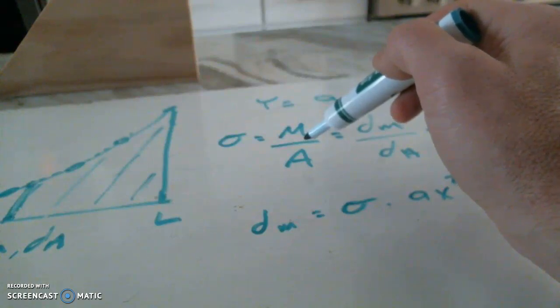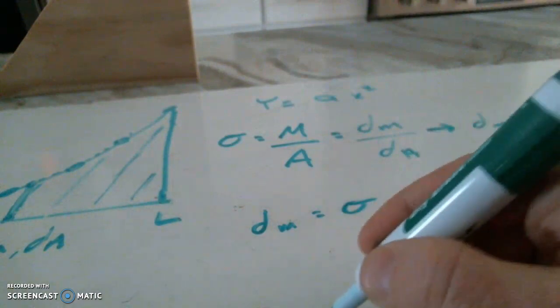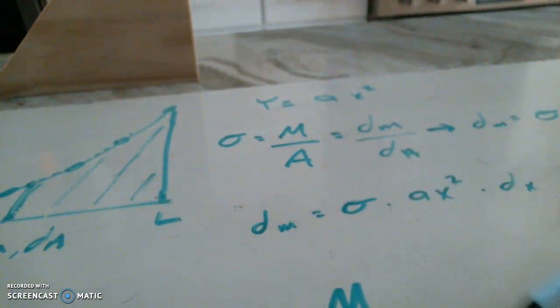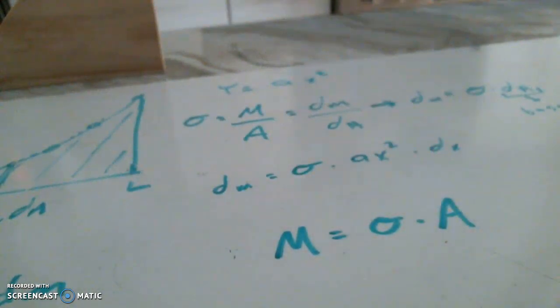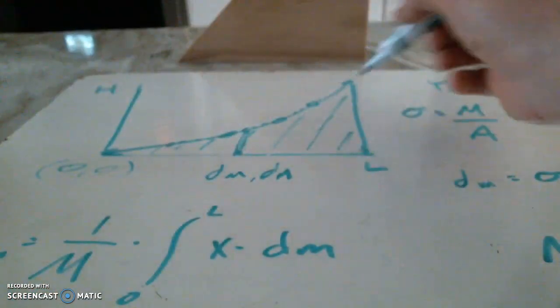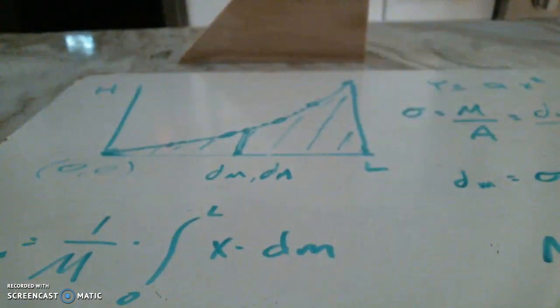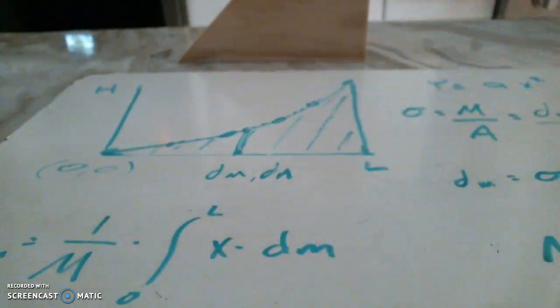So what I'm going to end up doing is calculating what the mass, capital M, is, and it is equal to sigma times the a whole. Well, the area of the whole thing, I have no idea what it is. It's the area underneath the curve, but it's probably going to be the sum of all those differential areas, isn't it?